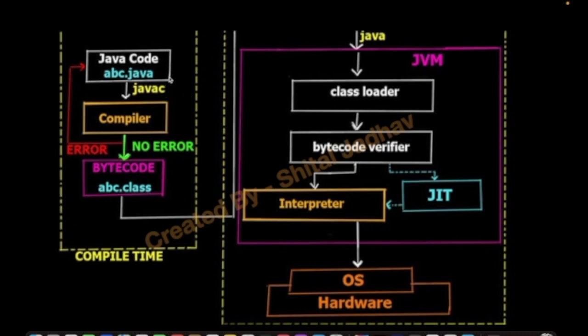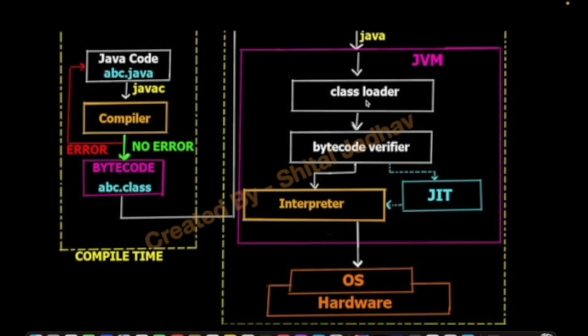Once your Java file is given to the compiler, it will create the bytecode, which is your .class file. Now this .class file will be given to your JVM, right? Very first, this .class file will go to the class loader. Then that class loader will load that file.